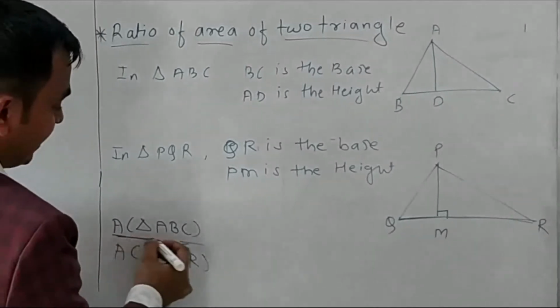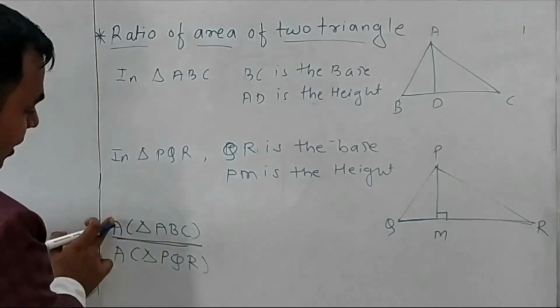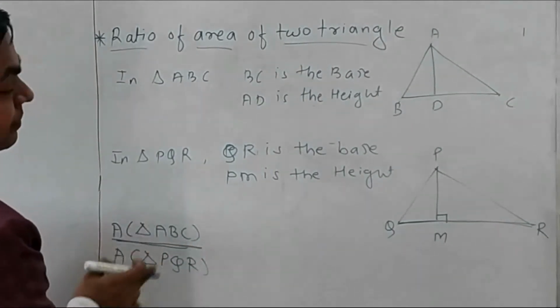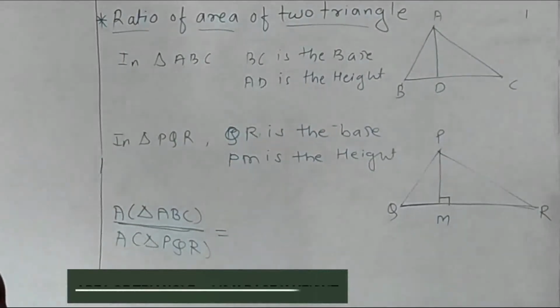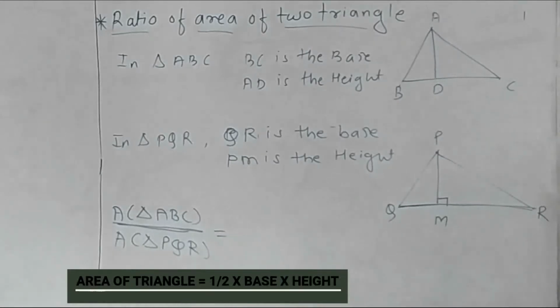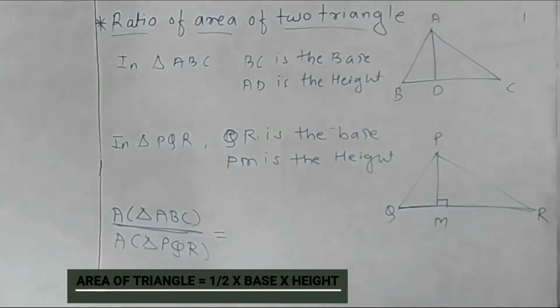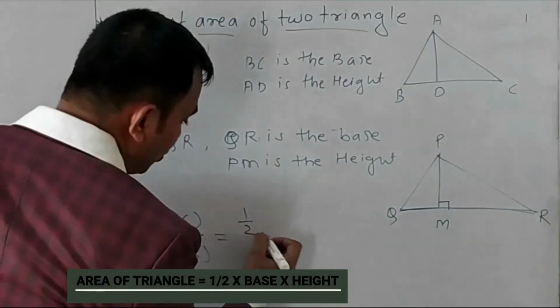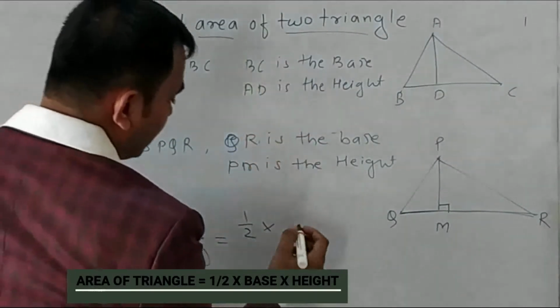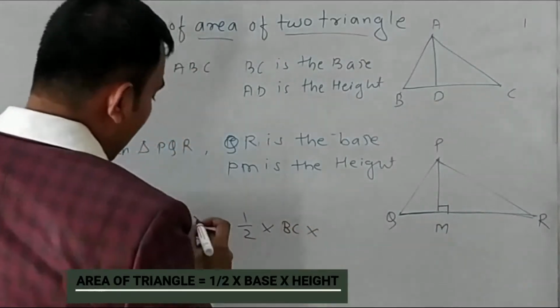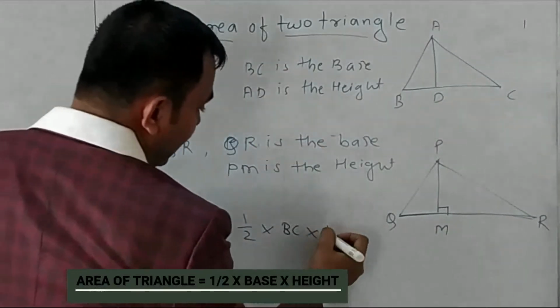Point to be noted, this line means the ratio of the areas of the two triangles is equal to, as you know, the area of a triangle is equal to half into base into height. So here we will write half into base of triangle ABC, which is BC, and height of triangle ABC, which is AD.